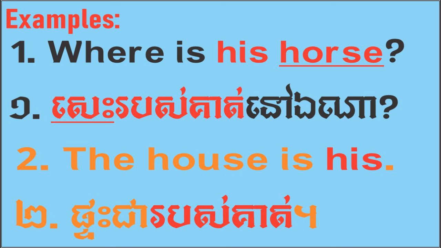So rule number 2, his is equivalent to the adjective his. It's the same thing. It's just used in a different way. It's the same word, spelled exactly the same, but we use it a little differently. Okay, let's go to the next page.